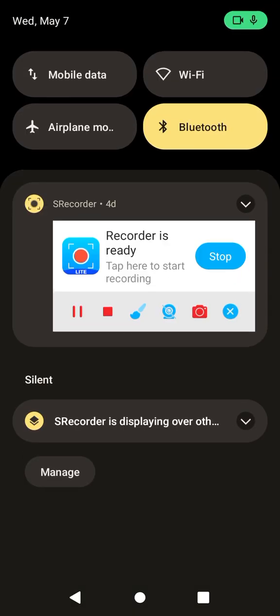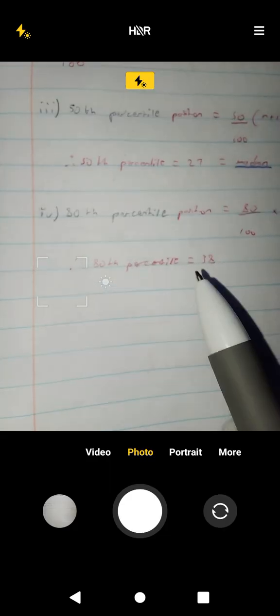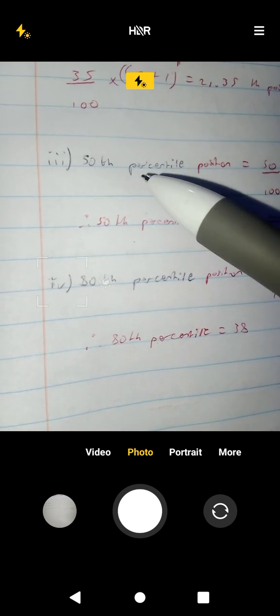So please do the 50th percentile and the 80th percentile. Okay, so I hope we've all completed the calculations for the 50th percentile and the 80th percentile. And there's something interesting you should have found on the 50th percentile.